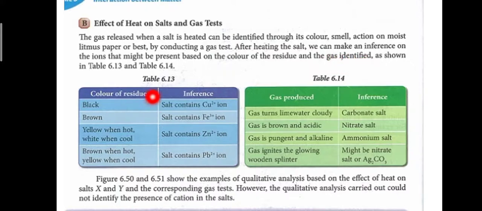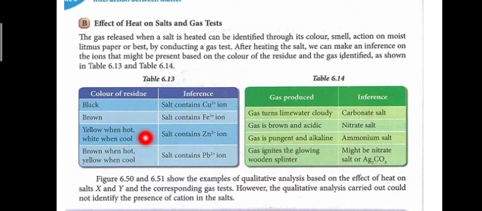In table 6.13, the color of the residue after heating: if the residue is black, the salt contains copper 2 plus ion. If the color is brown, the salt contains iron 3 plus ion.